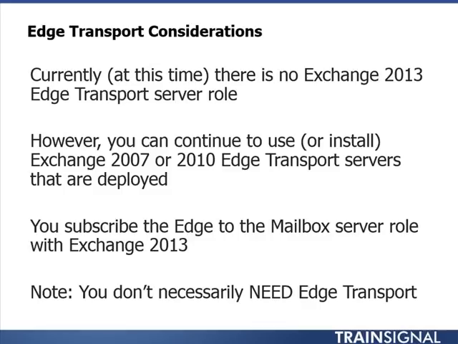At the same time, you might be using some other type of antivirus solution in your organization. Perhaps you've installed it on the Edge Transport, perhaps you have a separate box for it, perhaps it's some type of Forefront Threat Management Gateway solution. So there are a lot of options for that perimeter network. At the same time, you might have a hosted solution.